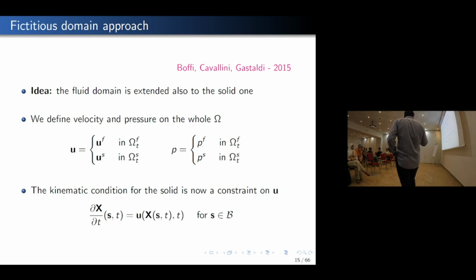And now the kinematic condition we saw in the previous slide is a constraint on u, because we have to impose that u in the region occupied by the solid at the time instant t, so omega Ts, that is represented by X of s and t, has to be equal to the time derivative of X.